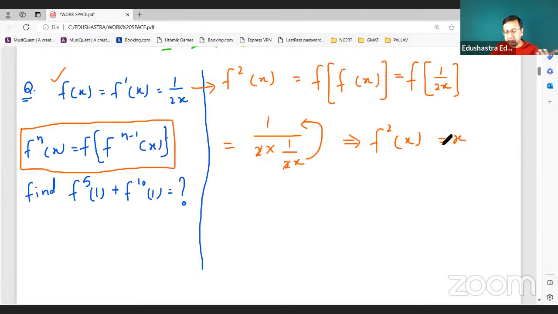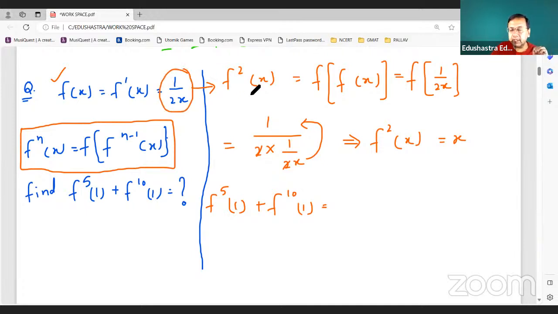So this function is showing a cyclic pattern just after two steps, right? The previous example was having a cyclic pattern after the sixth step. This is showing a cyclic pattern after two steps. Okay. So what to do? I need to find f5 of 1 plus f10 of 1. Done. So if the odd indices, the value is what? 1 by 2x.